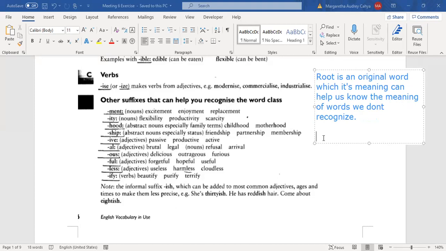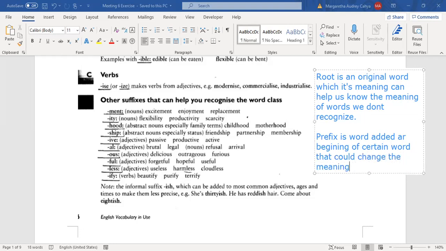But prefix is a word added at the beginning of a certain word that could change the meaning of the word after combined.